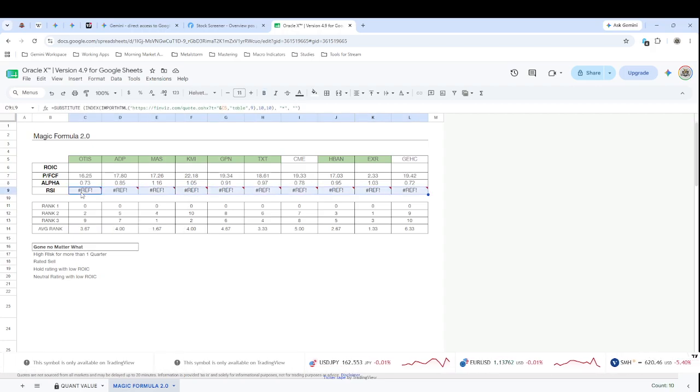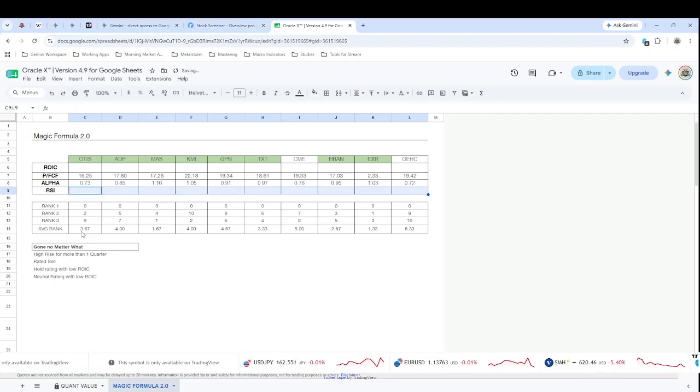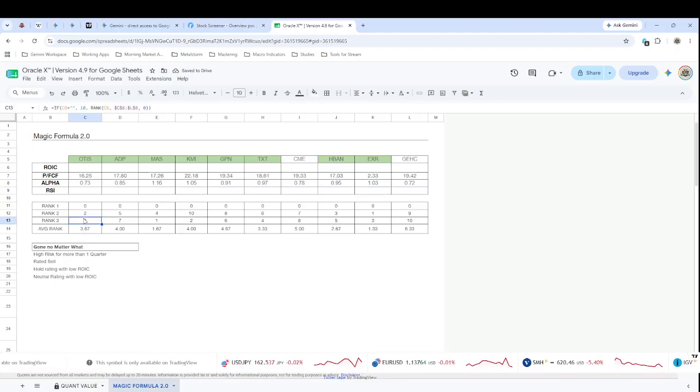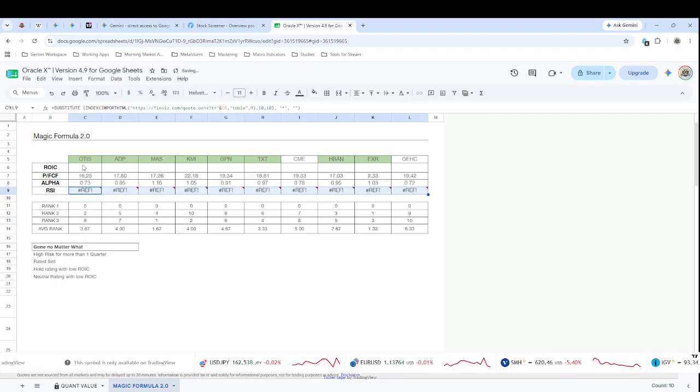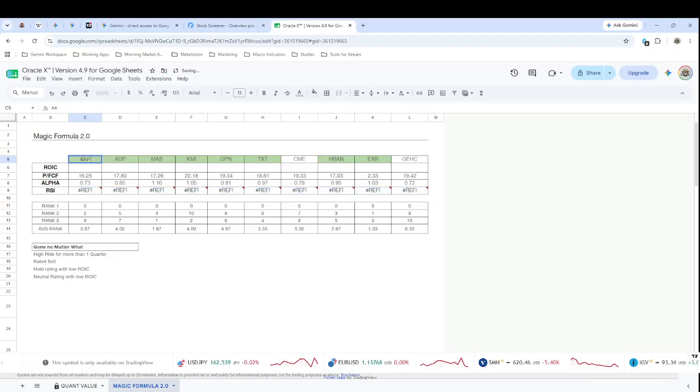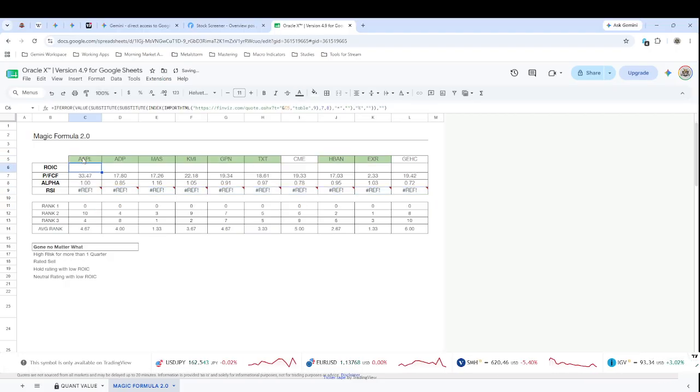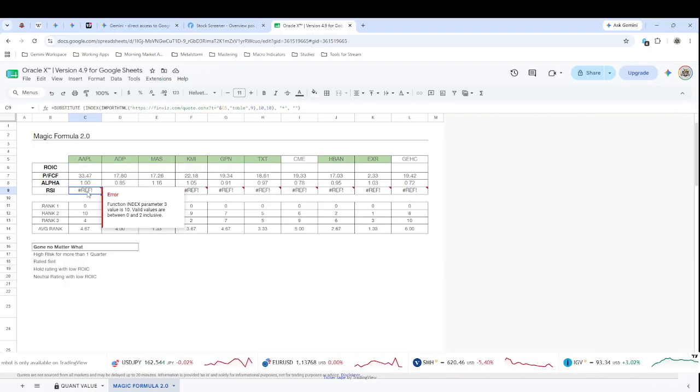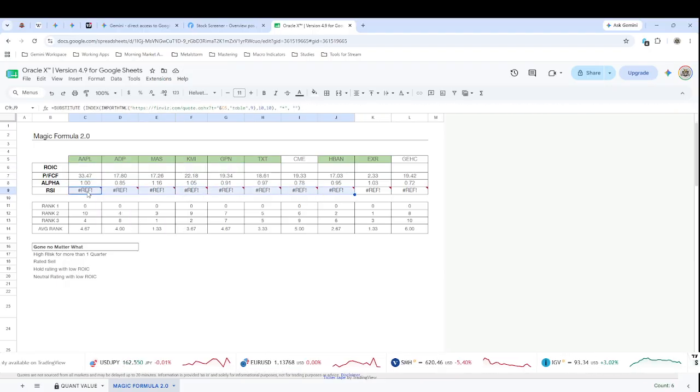Let's get rid of this here for now. Actually, wait, let me see something. No, okay. So this isn't loading here, so we're gonna leave that alone. We're gonna rank them ourselves here.